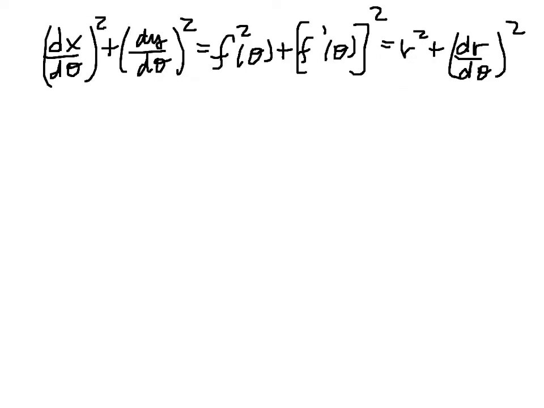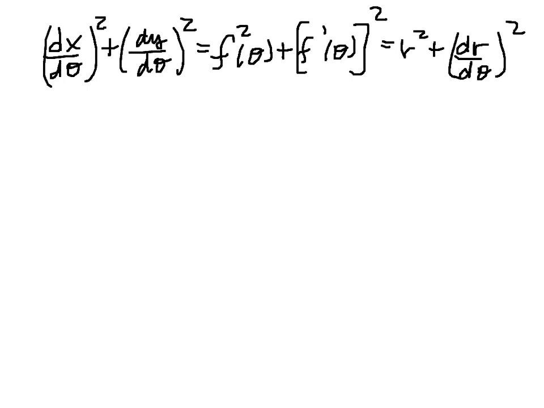So when we add them up, the middle terms cancel, and because sin²θ + cos²θ is 1, we get this ridiculously simplified version for what (dx/dθ)² + (dy/dθ)² is equal to. And that really is just r² + (dr/dθ)².